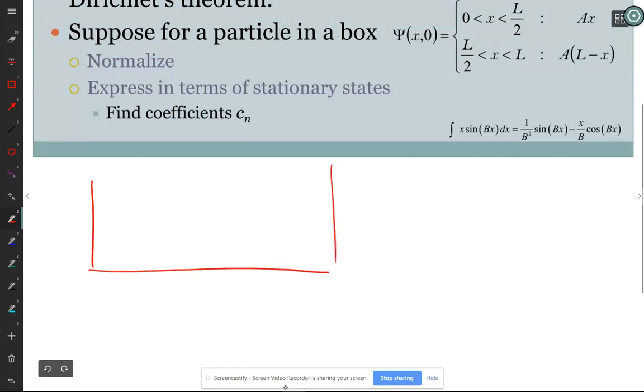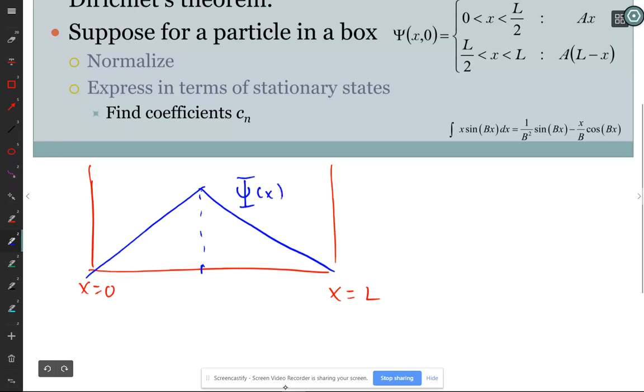So here's my box, x equals 0, x equals L. There's what it looks like. That's what my psi function of x looks like. And it reaches a maximum value here of AL over 2.